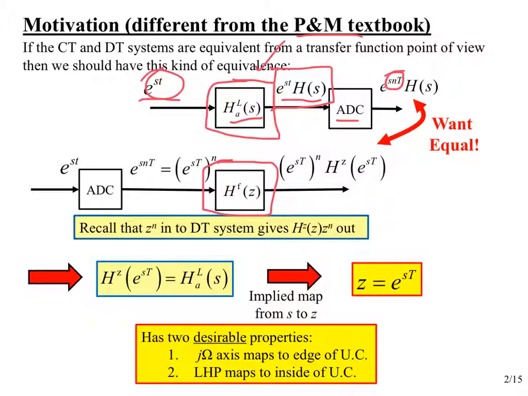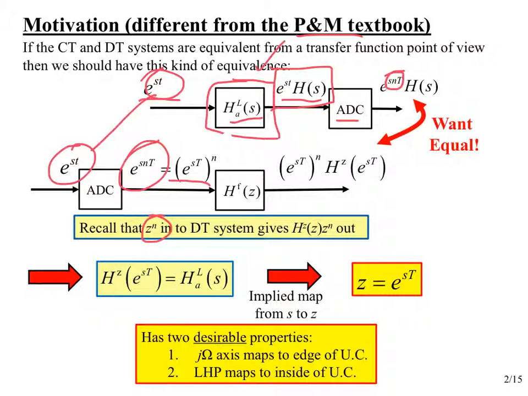Now, on the other side, suppose we have a discrete time system that we claim is equivalent to this continuous time system. Then if we were to take the same input and sample it, we now get e to the s n capital T, which we can write as e to the sT quantity raised to the n power, and we think of that as z to the n.